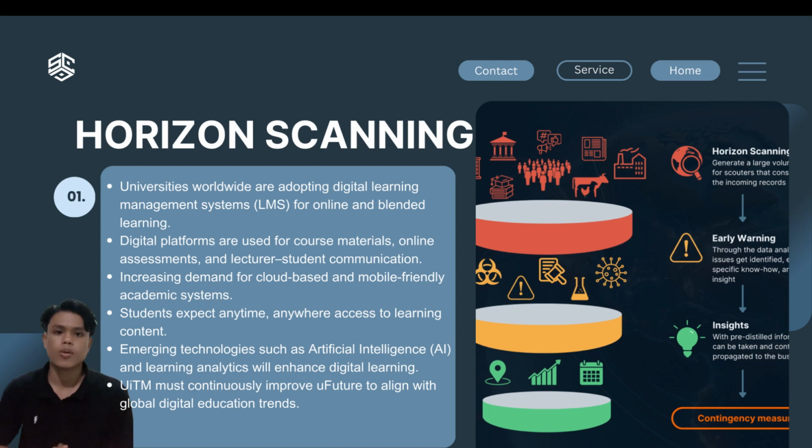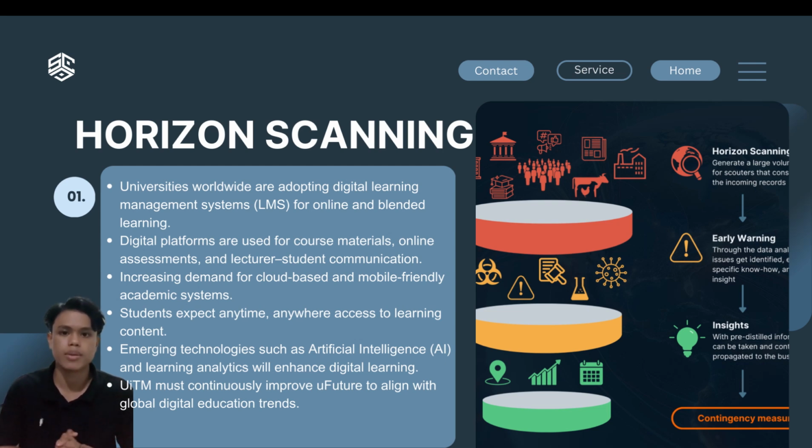Universities worldwide are adopting digital learning management systems to support online and blended learning. These digital platforms are used for course material, online assessment, and communication between lecturers and students. There is also an increasing demand for cloud-based and mobile-friendly academic systems, as students expect anytime and anywhere access to learning content.